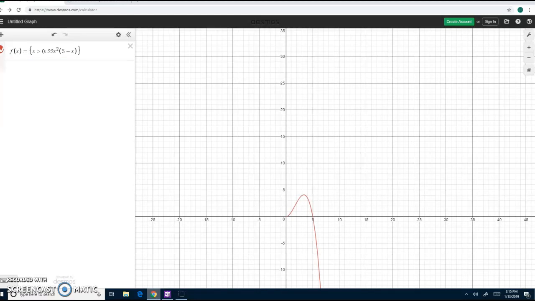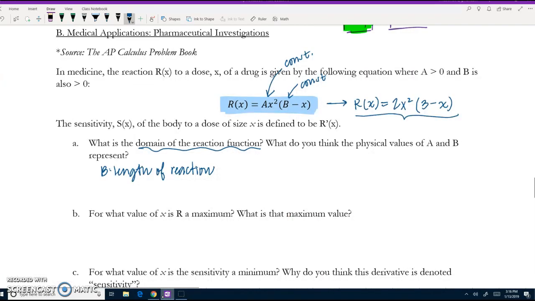Or that's 0.22. So what that means is that A is really controlling how severe the reaction is, or the amplitude of the reaction. So it's kind of like one is controlling how much your body reacts, and the other one's controlling how long it reacts. That would be one possible interpretation.